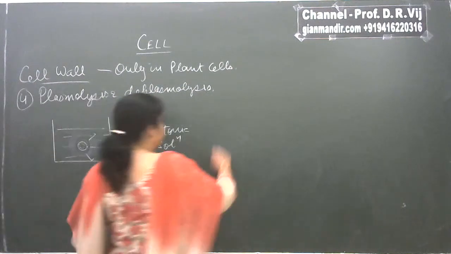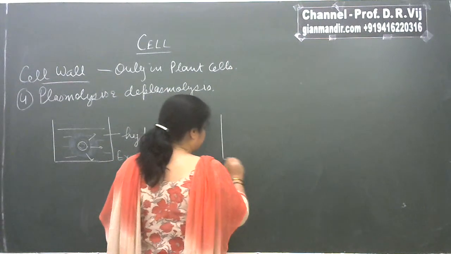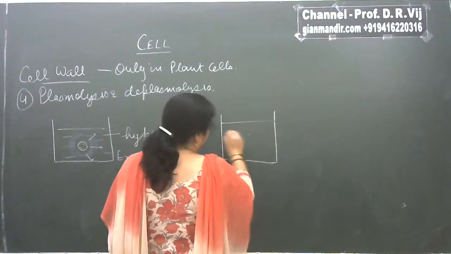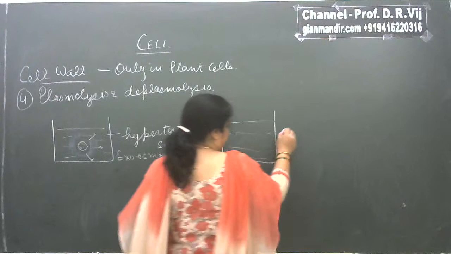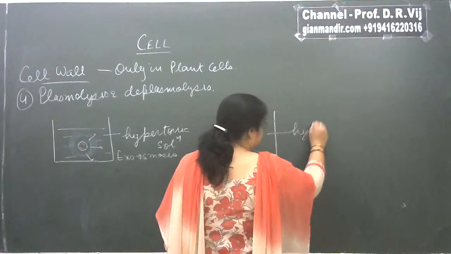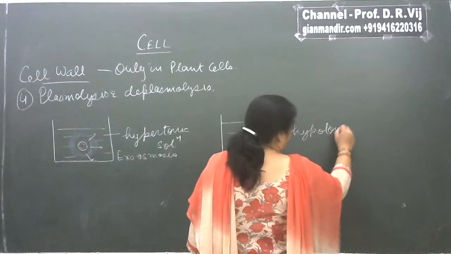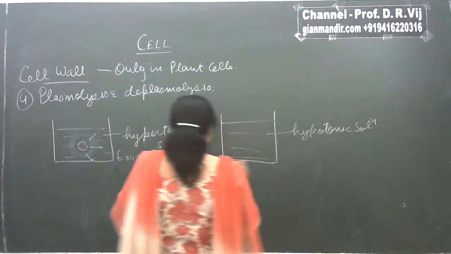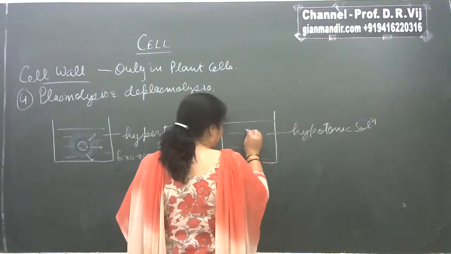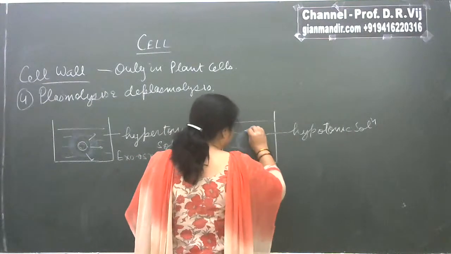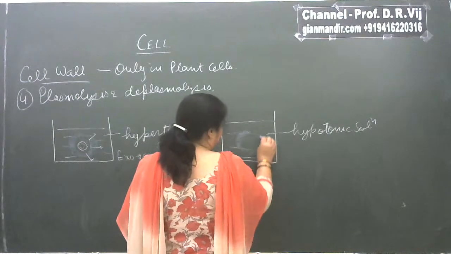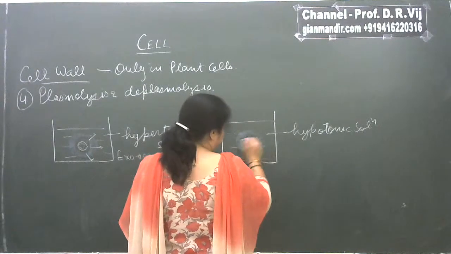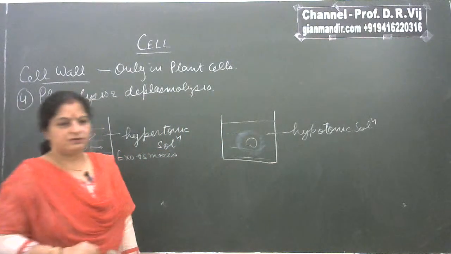So now this is all about plasmolysis, and now we talk about deplasmolysis. Now we take a hypotonic solution. In this hypotonic solution, we have kept a plasmolyzed plant cell which has already undergone the process of plasmolysis, right?